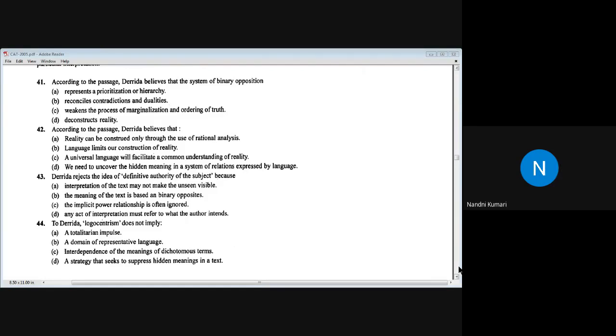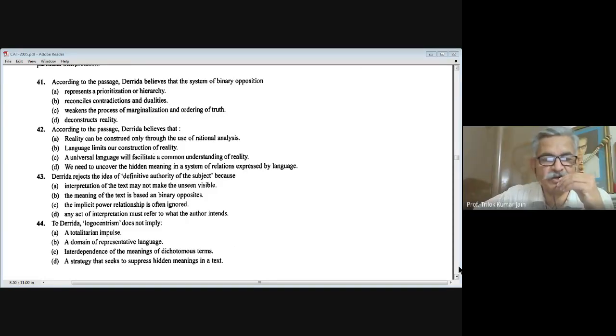Yes, Sir, C. The implicit power relationship is often ignored. Okay. In my opinion, a better option should be A.